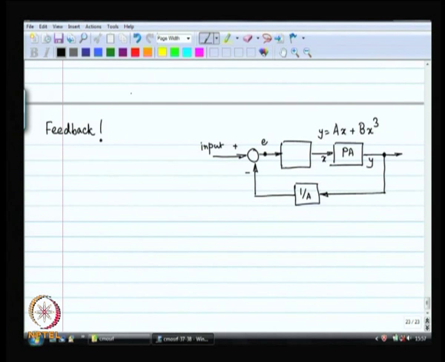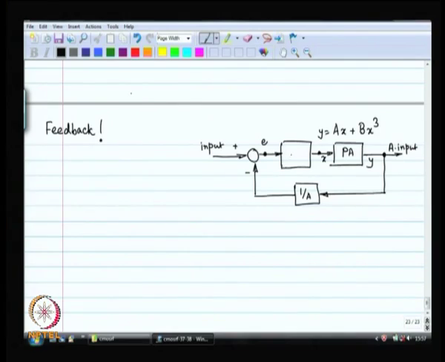All right. And if the loop gain of my system is very large, then the output is equal to a times the input. If the loop gain is very large, then E has got to be 0, because if E is not 0, then X is going to be infinitely large. Let us say this has extremely high gain. Okay.